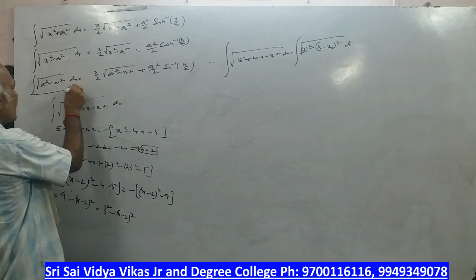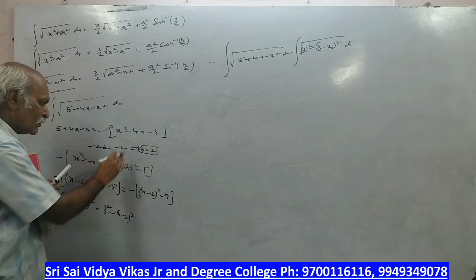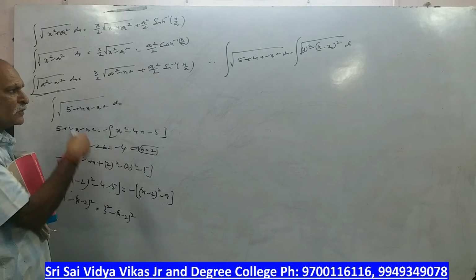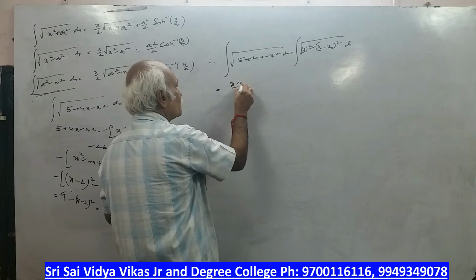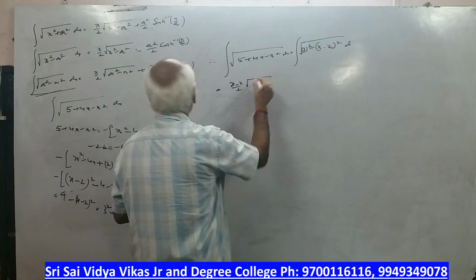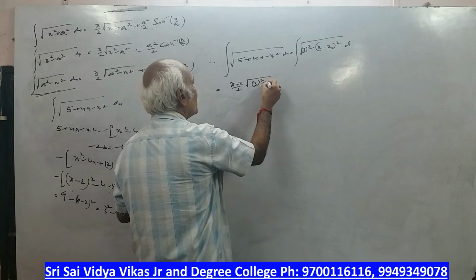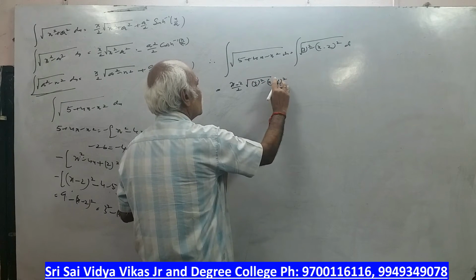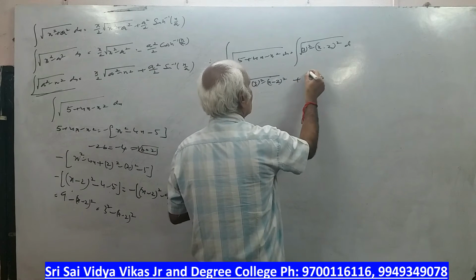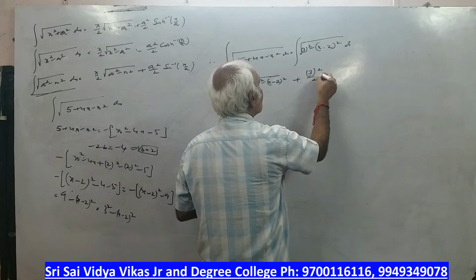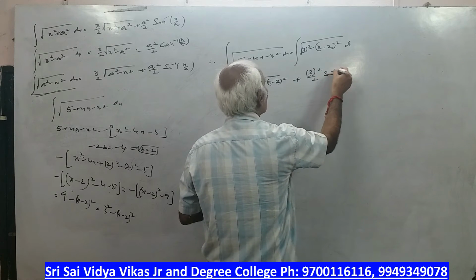So which formula will come? Last formula. Means same procedure what we have done, all the problems we have done same procedure, only the formula is saying. Now it is nothing but x by 2 means x minus 2 by 2 into root of 3 square minus x minus 2 whole square plus a square by 2 means 3 square by 2 sin inverse x by a.